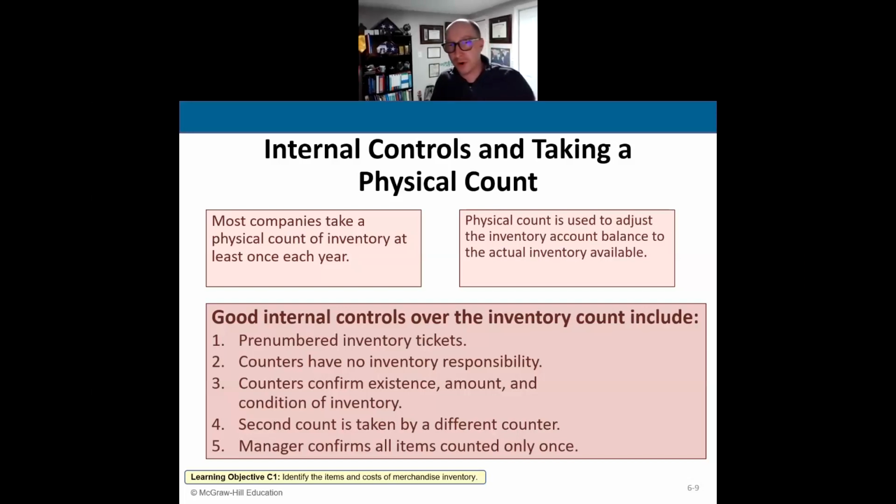So a good internal control system over the inventory count includes things like pre-numbered inventory tickets. Each ticket has a unique number, and I attach that number to the shelf, and I write down the quantity on the shelf. The counters do not have inventory responsibility.